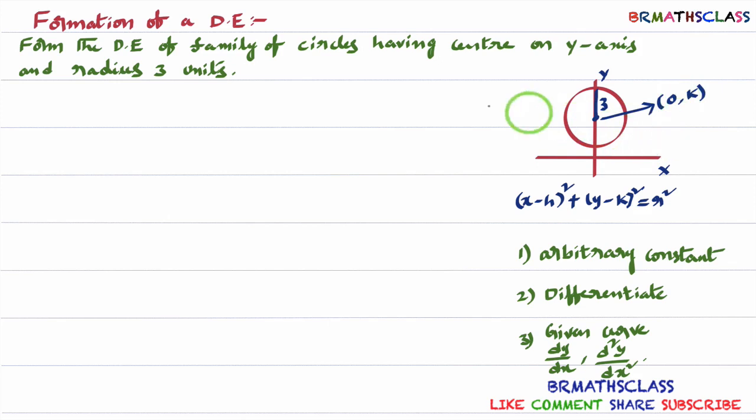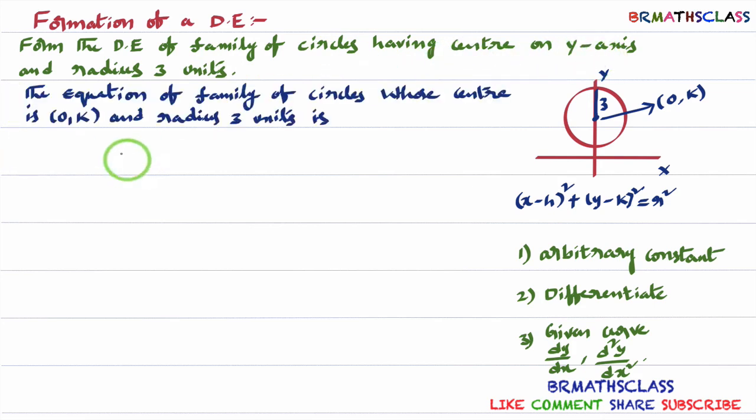Now I'll write the equation of the family of circles whose center is on the y-axis and radius is 3 units. This is the equation of a circle whose center is (h, k). Here the center is (0, k), so the h value is 0.